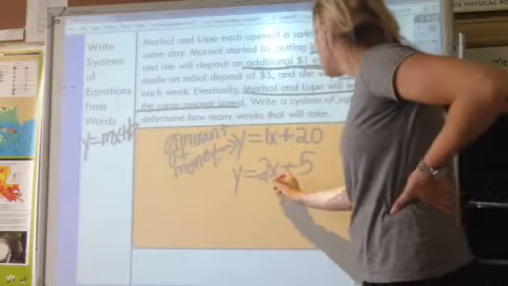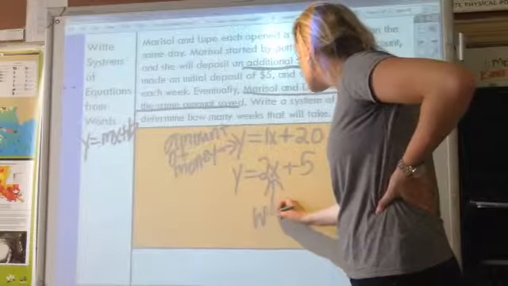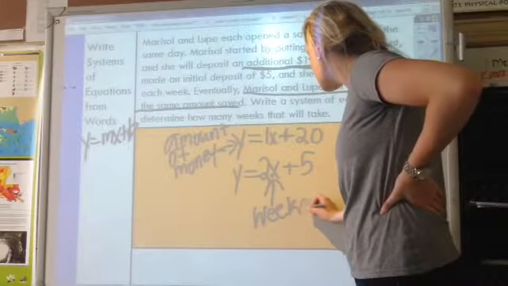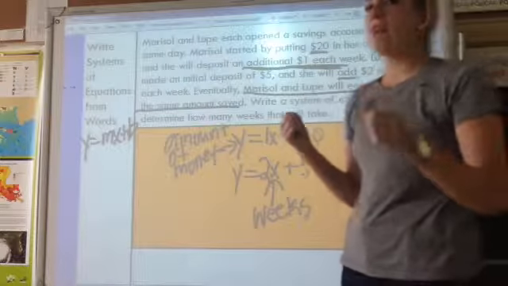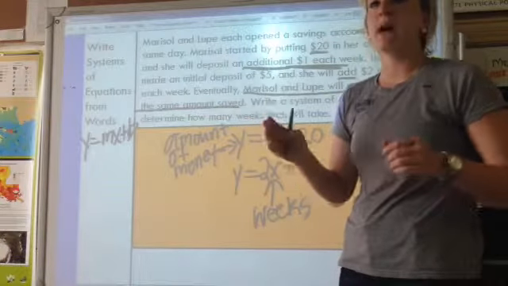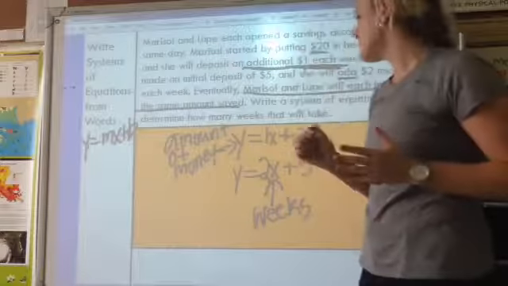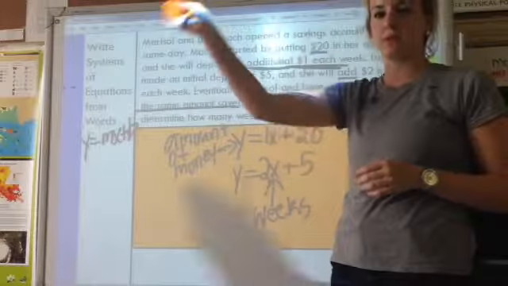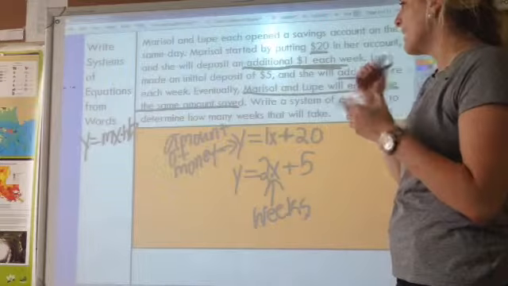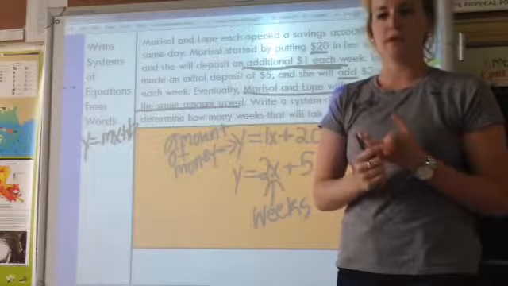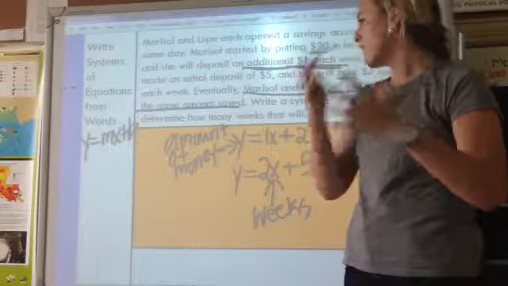And x is going to be how many weeks they deposited that amount every week. And I know this because every week that they deposit money, my value is increasing, which makes sense because my slope increases on a graph. So we always want to think about what that means in the context of the problem. Again, today we are not solving these equations, we are just writing them from words.